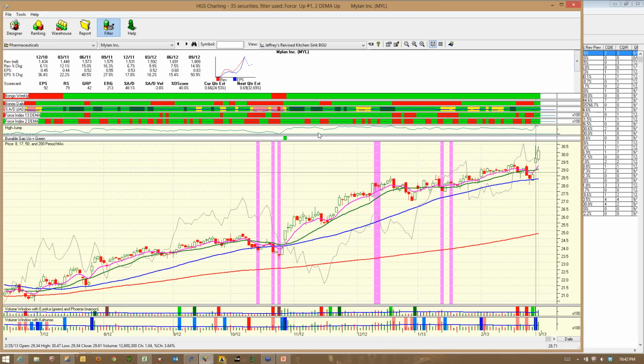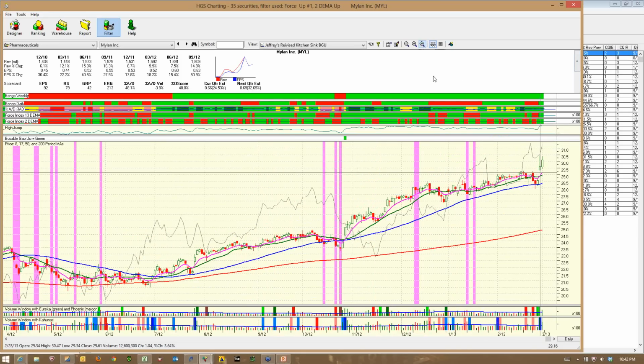My only problem is the high jump. Going back a year, we are at the highest point the high jump has been in a year. My concern is that it's going to pull back before it moves again. So I'll be putting this on a list, but I'm not sure it's actionable. I'm bothered by the high jump.